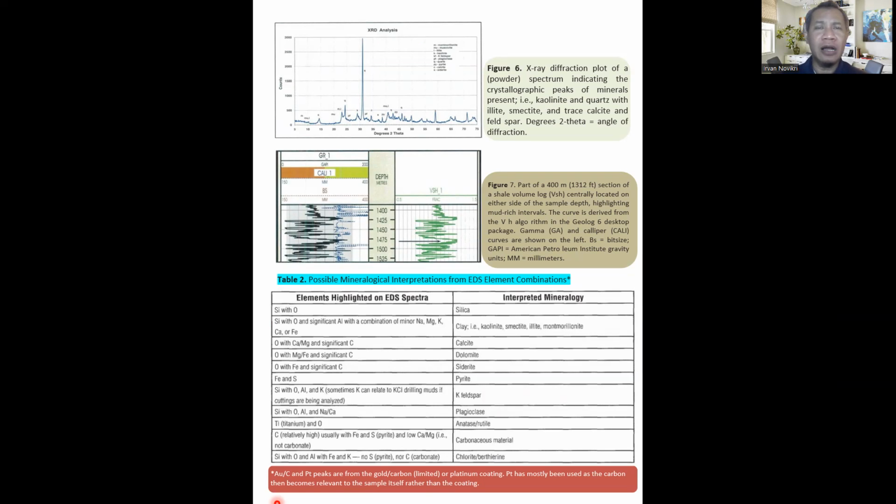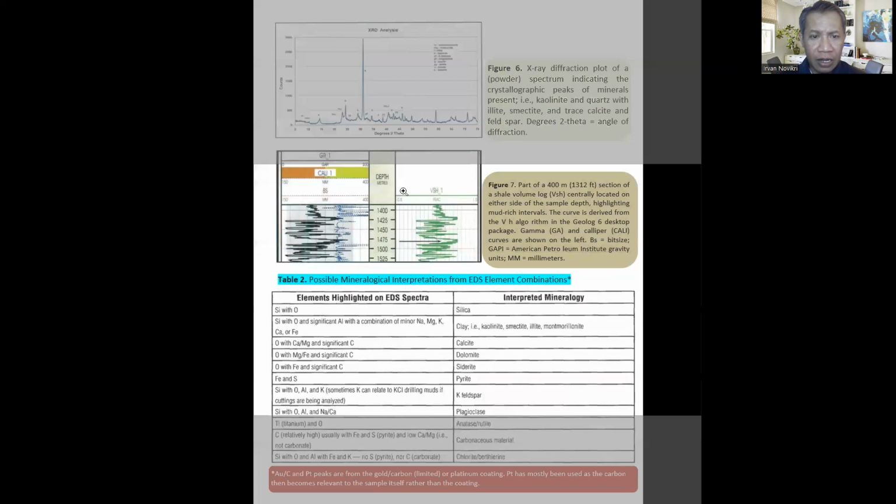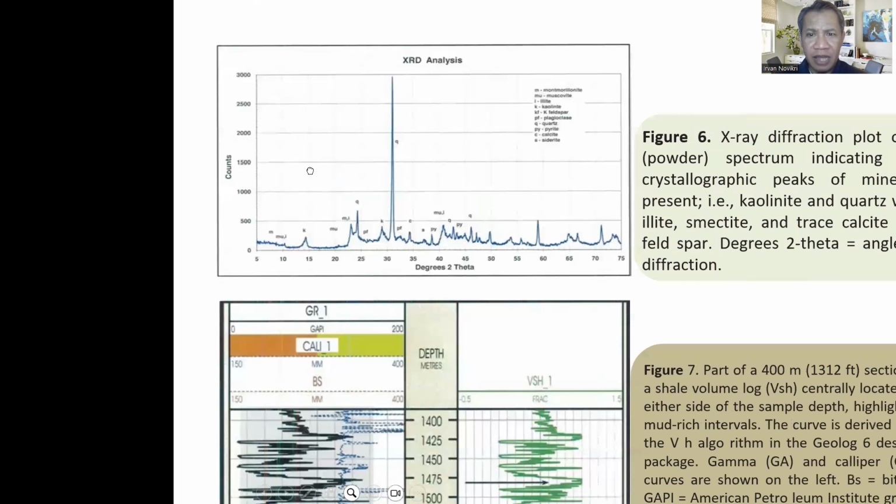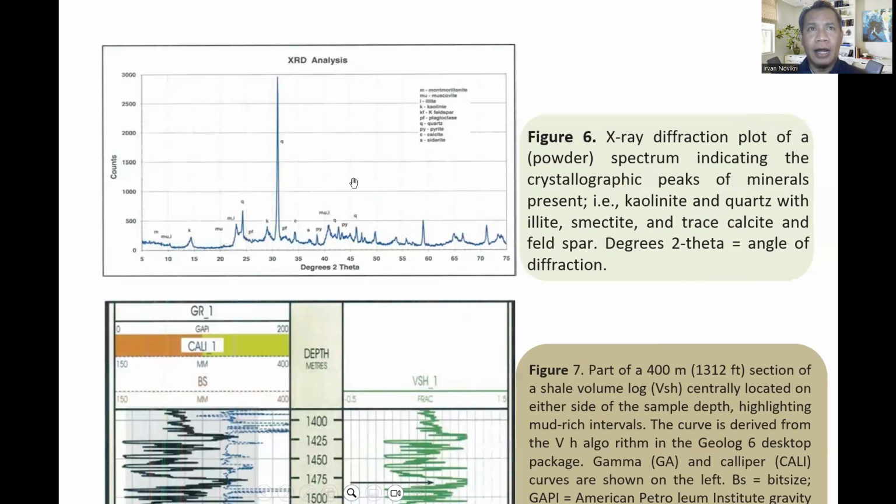Now we continue with the next figures. Is a plot of, if we zoom a little bit higher, this plot obtained from XRD analysis of powder samples showing crystallographic peaks corresponding to different minerals present in the sample.